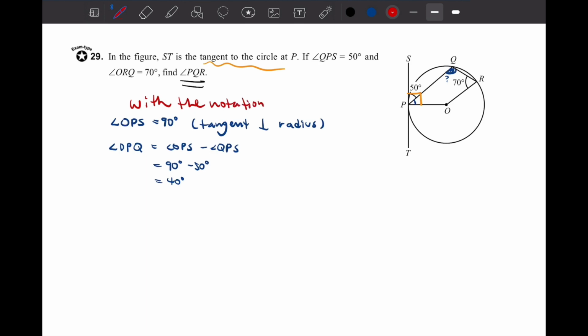So I'm going to add this line here. Sometimes in some diagrams, you might have to add something to help you. So I'm going to join this line PR together, and when you join it, you realize here.